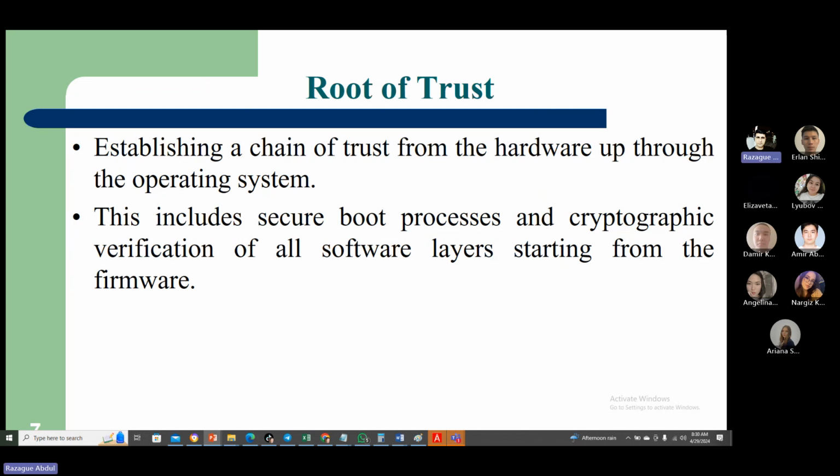And we can also implement root of trust, which involves integrating secure hardware and software practices into the design and architecture of a system. So what actual steps do we need? First, we have to select secure hardware. It means we ensure the hardware selected for building a system includes support for secure boot and cryptographic operations.